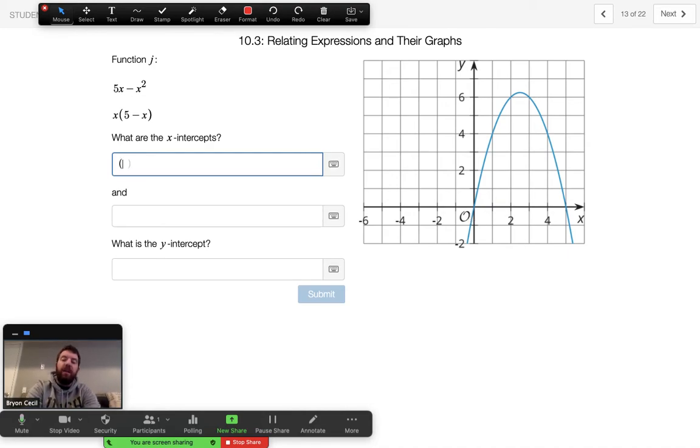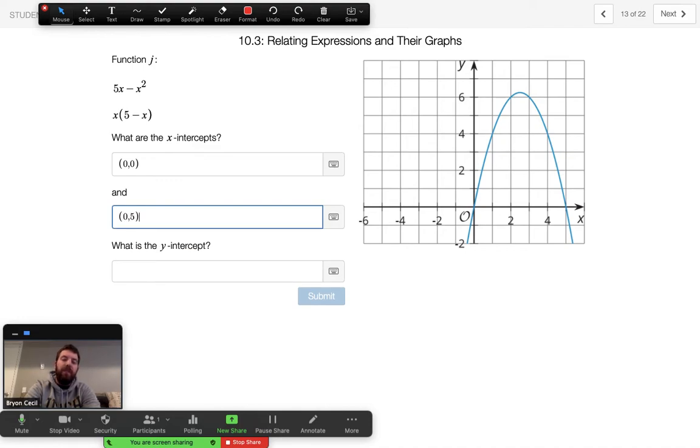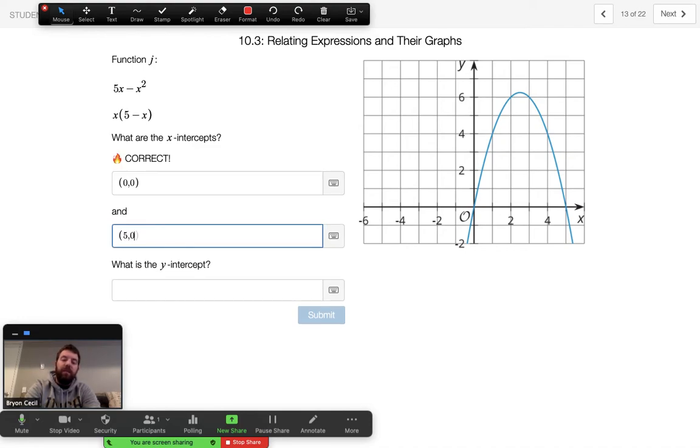X-intercepts still, guys, are (0, 0), because that x is by itself, and now it's 5 minus what gives you 0? That's going to be (5, 0). And then what's my y-intercept again? There is no constant term, so it's going to be (0, 0).